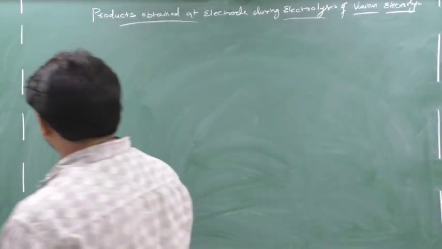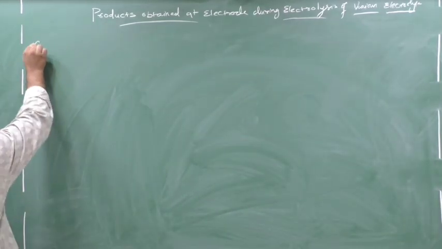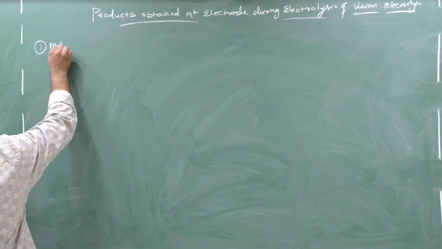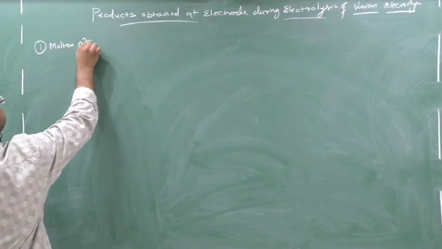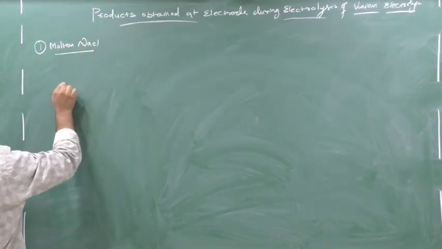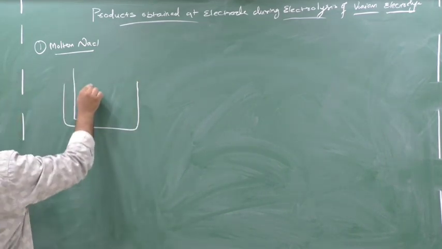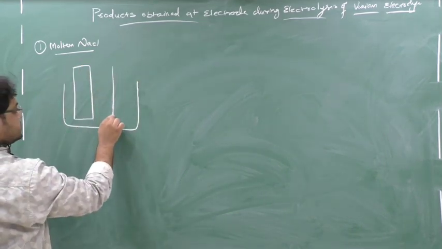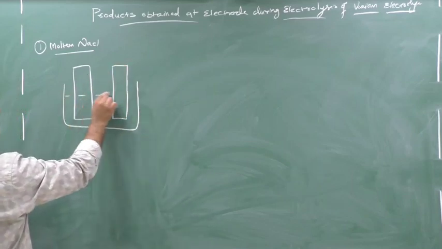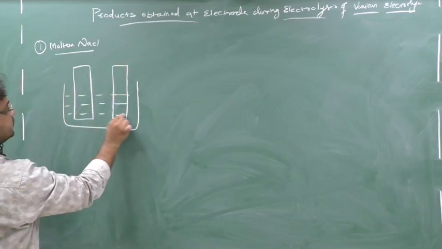Clear? So see here, first I will take an example of molten NaCl. I will take one beaker, and here I will put two electrodes, and here I will fill molten NaCl.